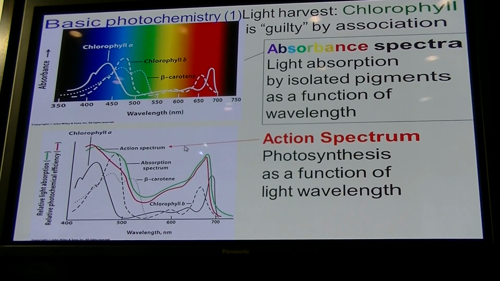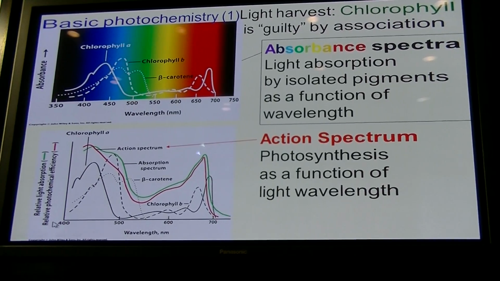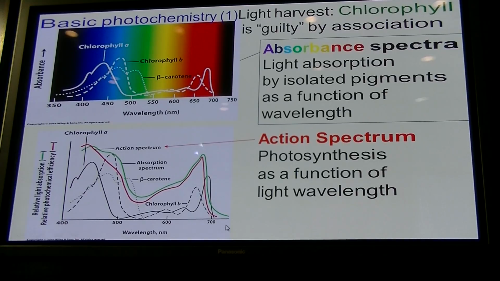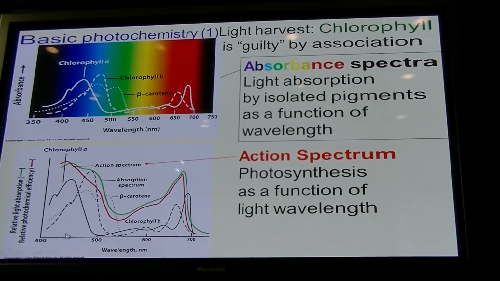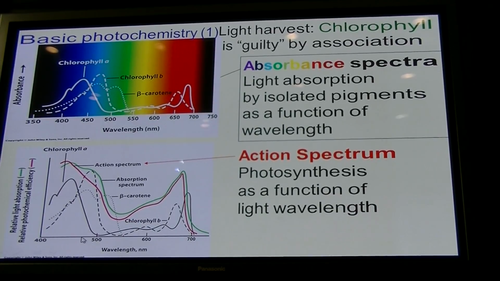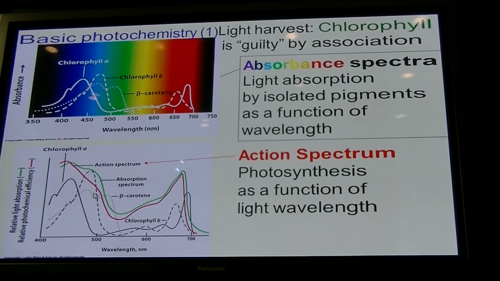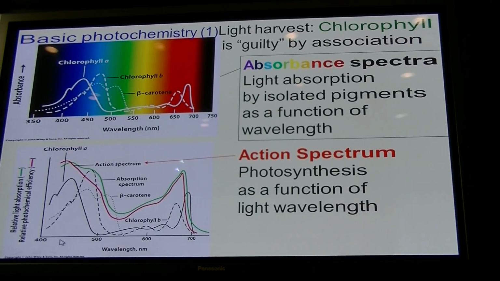So if we now do another experiment, we're putting a leaf in a device where we can measure the amount of CO2 that's being fixed. And we're putting light on the leaf of different wavelengths, and then we're looking at the activity as a function of that wavelength.